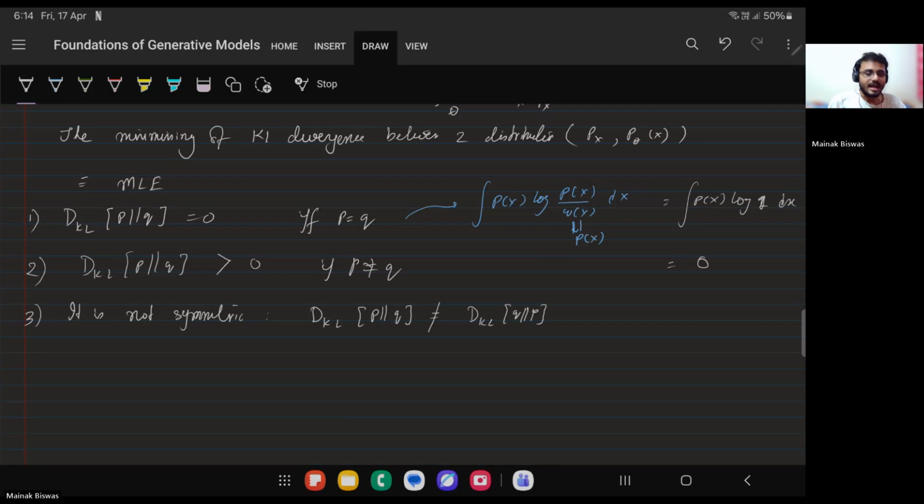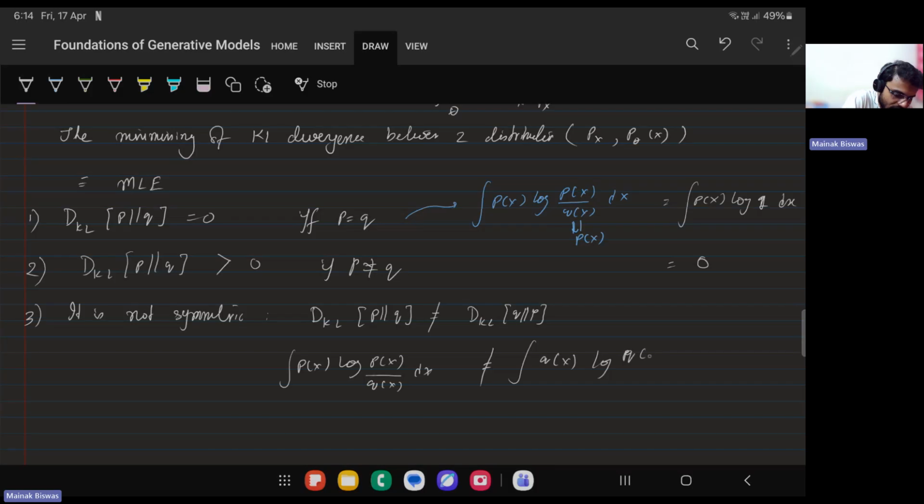Similarly, the third property is also simple. Px log Px by Qx dx may not be equal to Qx log Qx by Px. There's no guarantee they will be equal, right? One is an expectation over Q, one is an expectation over P. The distributions themselves could be different, and therefore this is not symmetric.